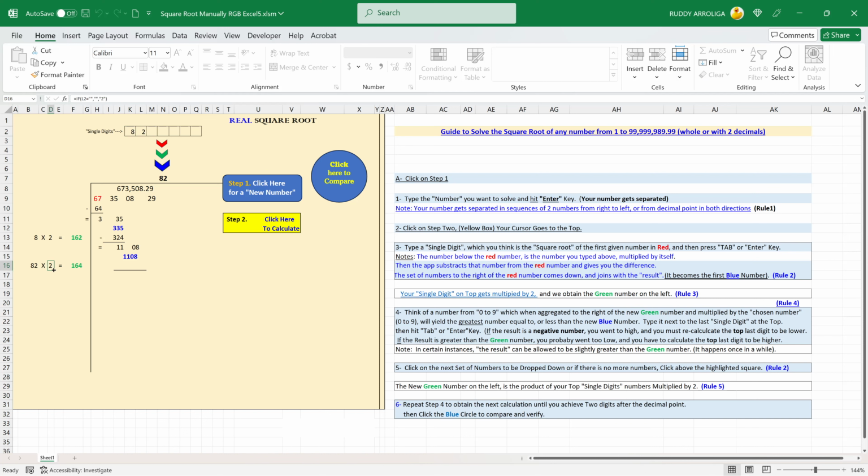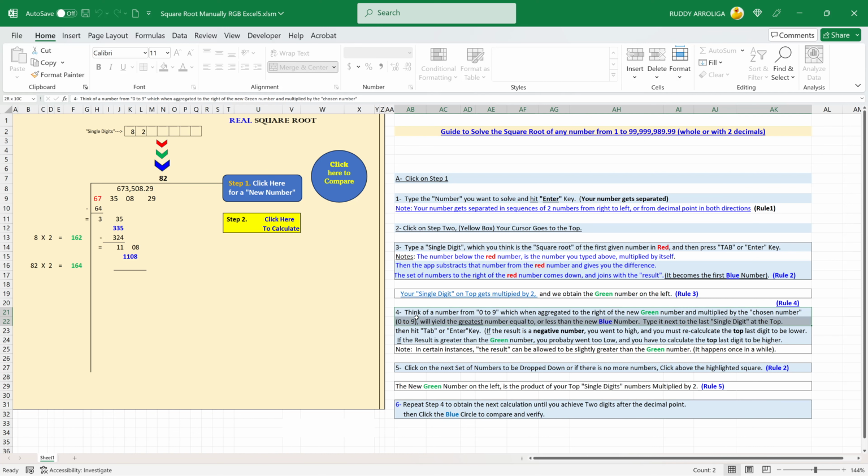In this case, 82 times 2, 164. That's our new green number, which is necessary to obtain our next calculation. Now, let's read step 6, our last one. Repeat step 4 to obtain the next calculation until you achieve 2 digits after the decimal point. Then click the blue circle to compare and verify.